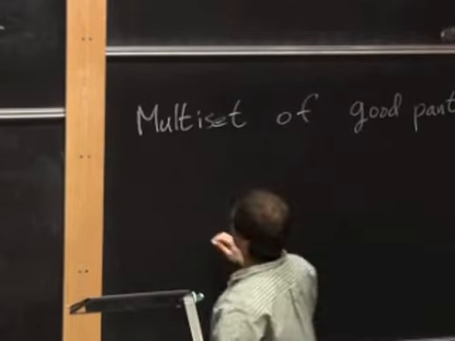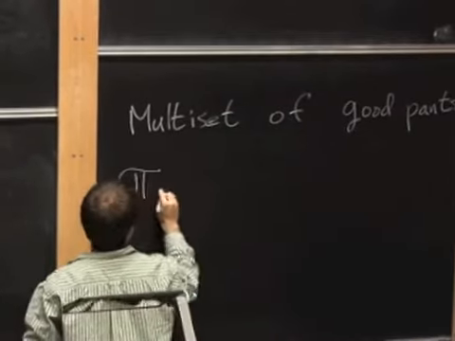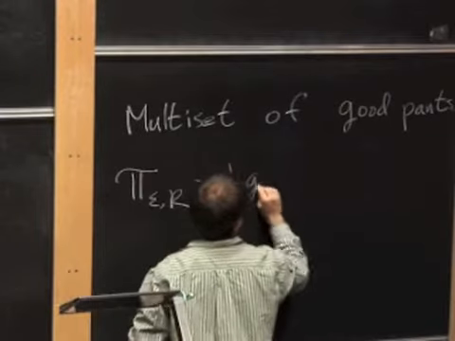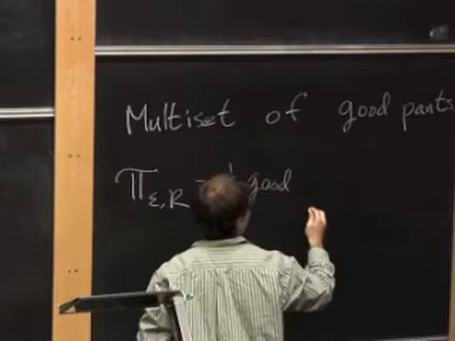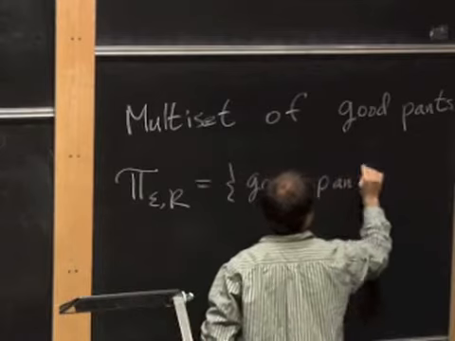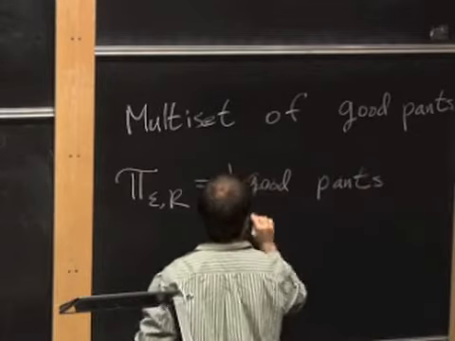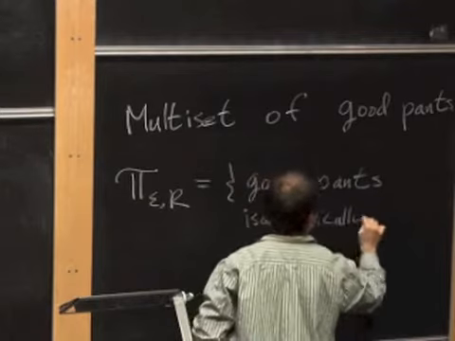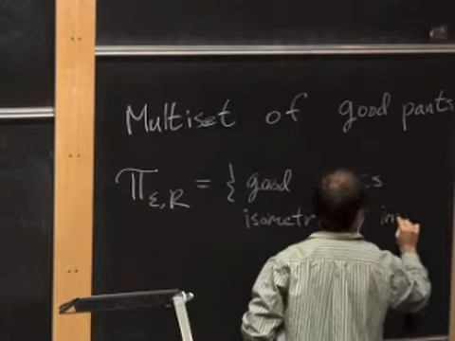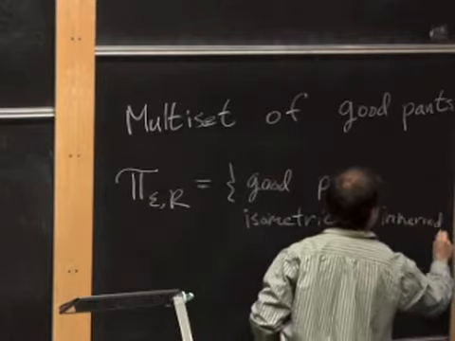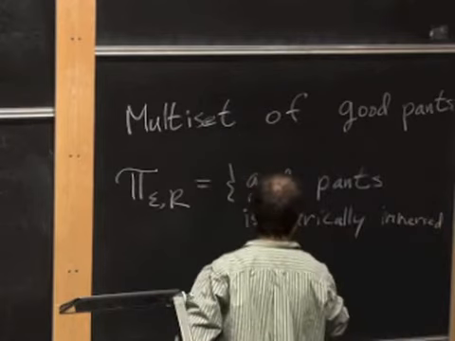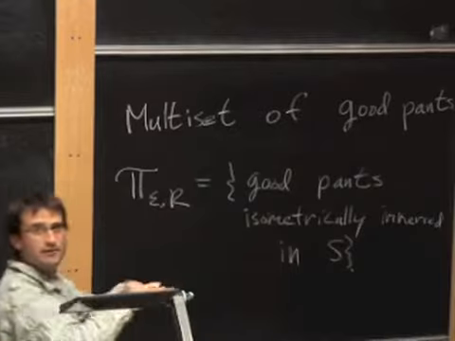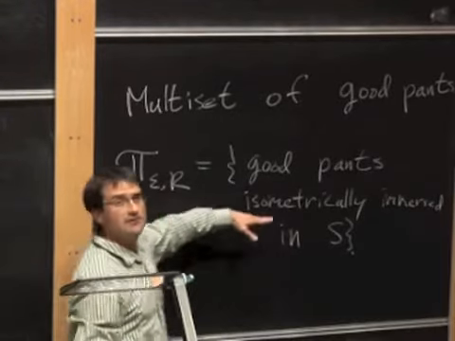All right, so I have this, pi epsilon r, is the set of all good pants isometrically immersed in my given surface S. Okay, so I have a set of all these good pants.